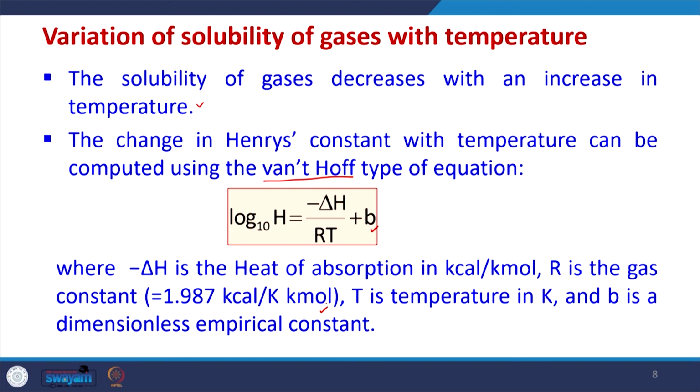It is possible to change the unit to any other unit. Then T is the temperature in Kelvin, and B is a dimensionless empirical constant which can be used to find out the values of Henry's constant at other temperatures etcetera.